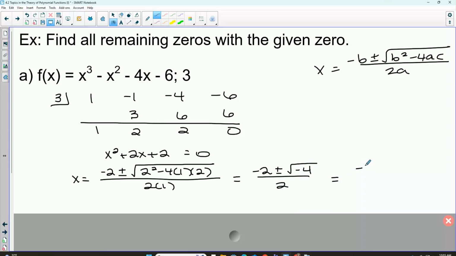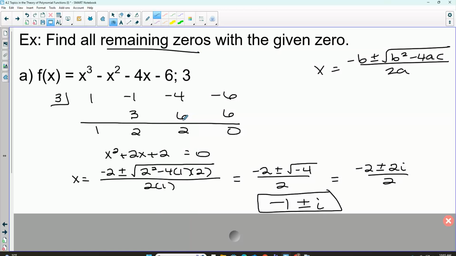What's the square root of negative 4? So this is just negative 1 plus and minus i. Now, this one I only asked for the rest of the zeros, not all of them, so you don't have to relist the 3. I just wanted you to find the rest. So my other two zeros are negative 1 plus i and negative 1 minus i.